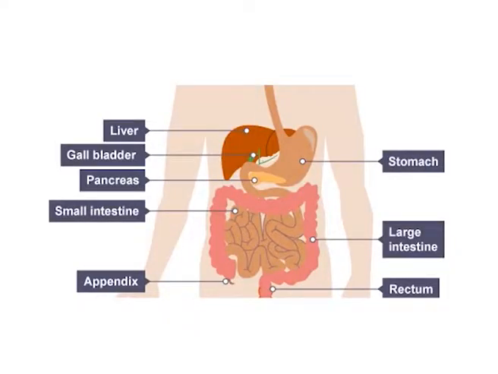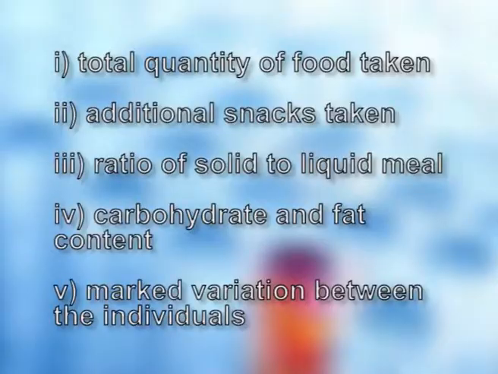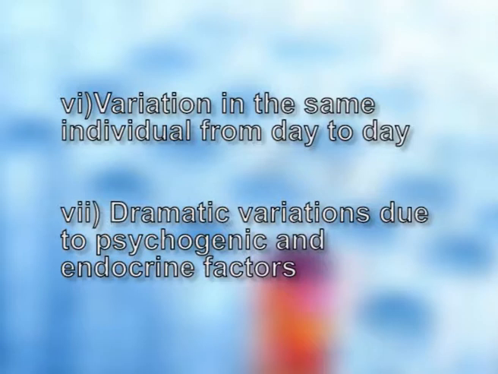The state of digestion and transport of the food from the stomach to the duodenum is variable and depends on several factors such as anatomical, physiological, pathological, psychological, etc. These mainly depend on the total quantity of food taken, additional snacks taken, ratio of solid to liquid meals, and carbohydrate and fat contents. There is of course marked variation between individuals, variations in the same individual from day to day, and dramatic variations due to psychogenic and endocrine factors.